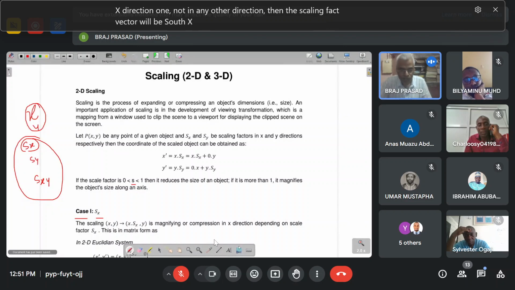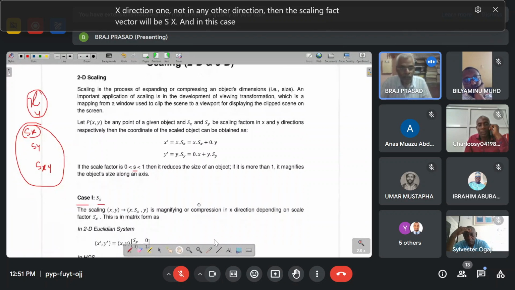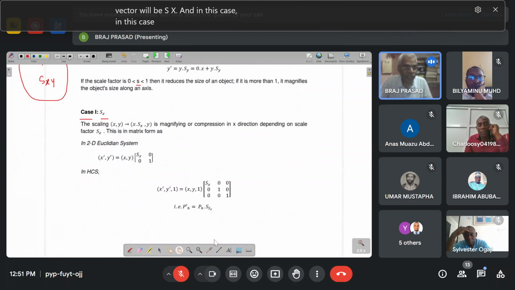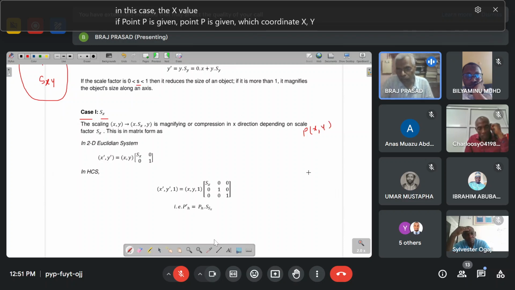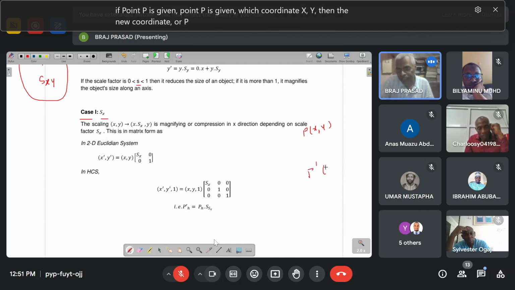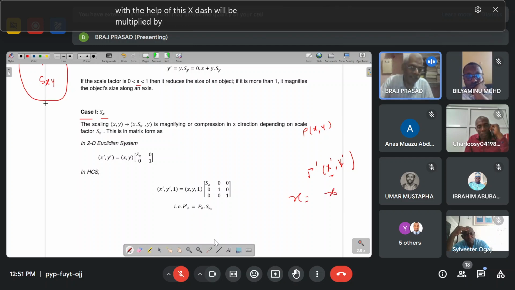And in this case, if point p is given with coordinate xy, then the new coordinate of p dash, x dash y dash, will be calculated with the help of this. x dash will be multiplied by this sx value.